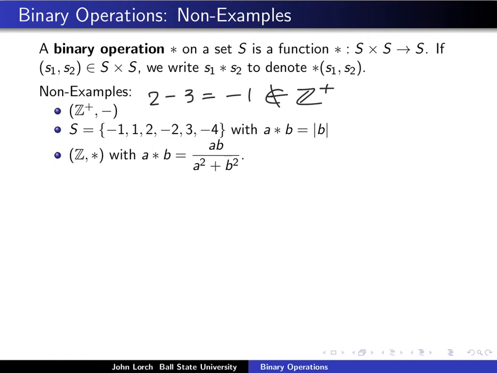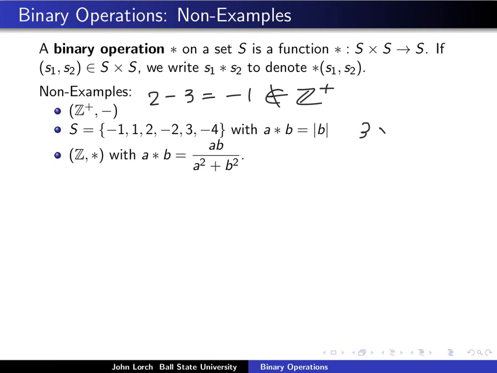So a similar thing happens in the second example. Here we have this set and this sort of funny-looking operation where a star b is just going to be the absolute value of b. And again, many times when we multiply things together in S under this operation, we get a third element of S, which is all fine and good, but it doesn't always happen like that, right?